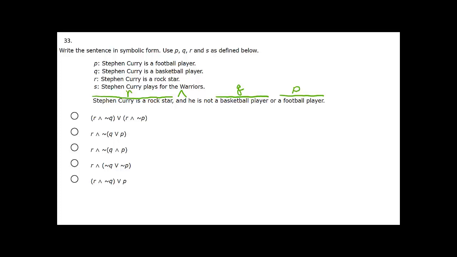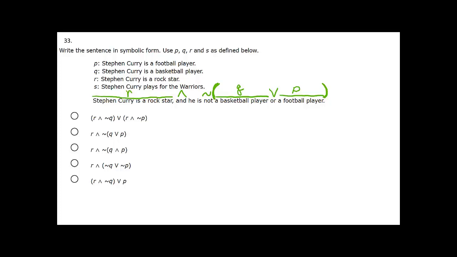P is Stephen Curry is a football player. And we're doing an or. And remember, the grouping symbol says that we want to group everything to the right, or at least on the same side, in this case the right of the comma, together. And don't forget the negation. The negation says to make that a not, Q or P.